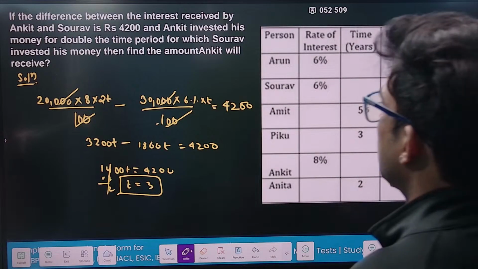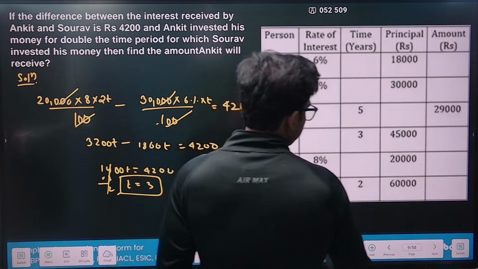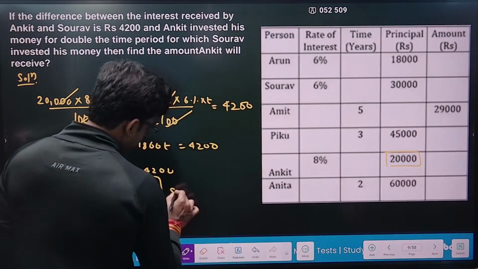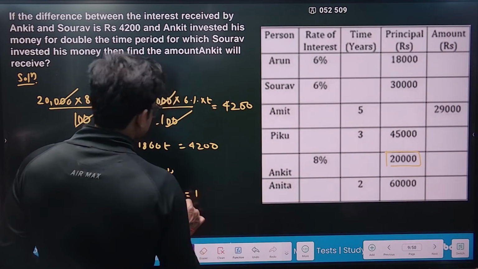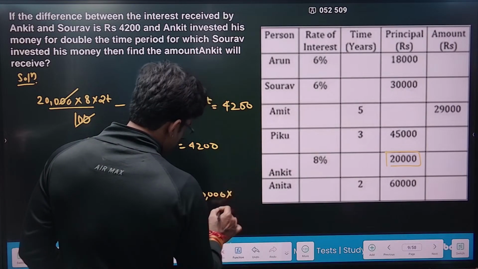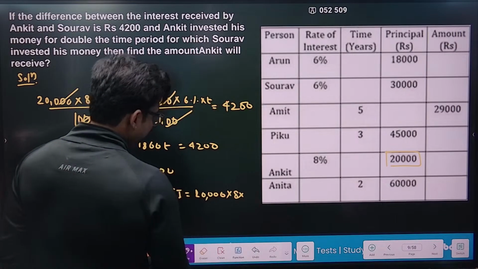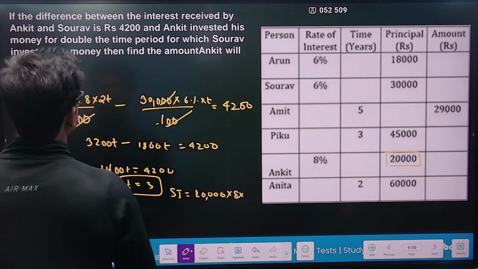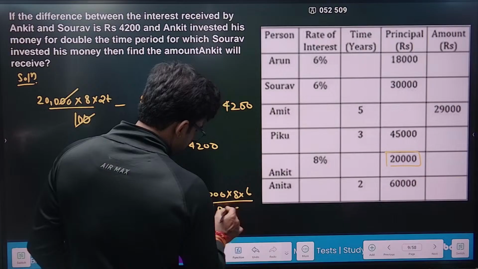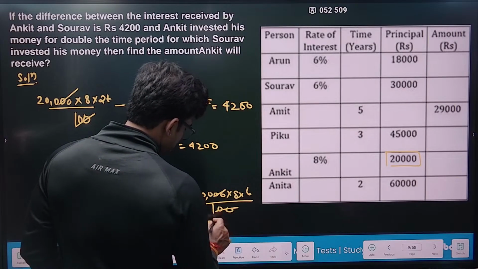Now find the amount Ankit will receive. Ankit's principal is 20,000. For the amount, first you need the CI, which is 20,000 into R, 8%, into T. Ankit we're talking about now, which is 9600.